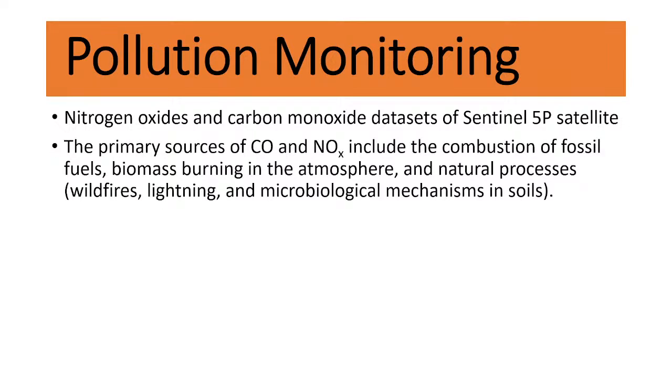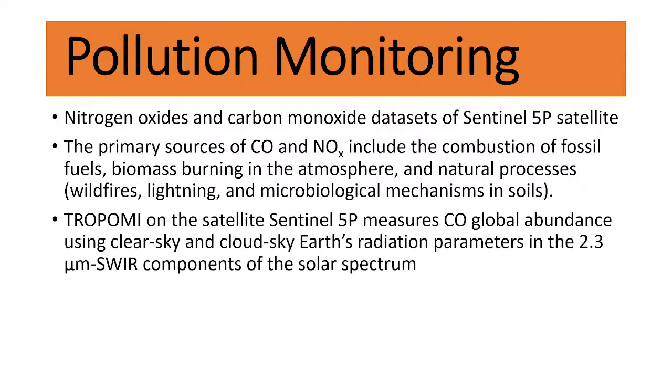The primary sources of carbon monoxide and nitrogen dioxide are the combustion of fossil fuels and biomass burning in the atmosphere, and natural processes such as wildfire, lightning, and microbiological mechanisms in soil. Mainly TROPOMI on Sentinel-5 measures the global abundance of carbon monoxide using clear sky and cloudy sky Earth radiance in the 2.3 micrometer short wave infrared part of the solar spectrum.